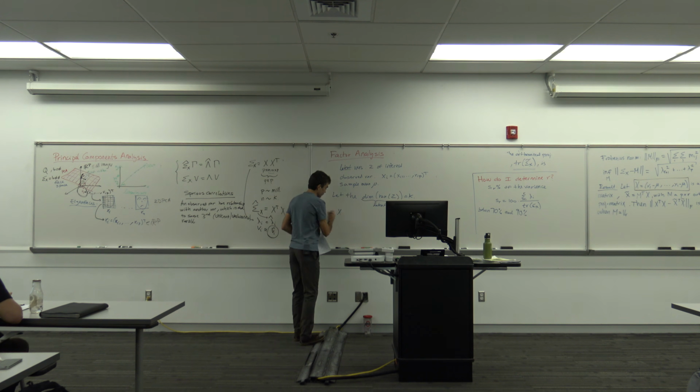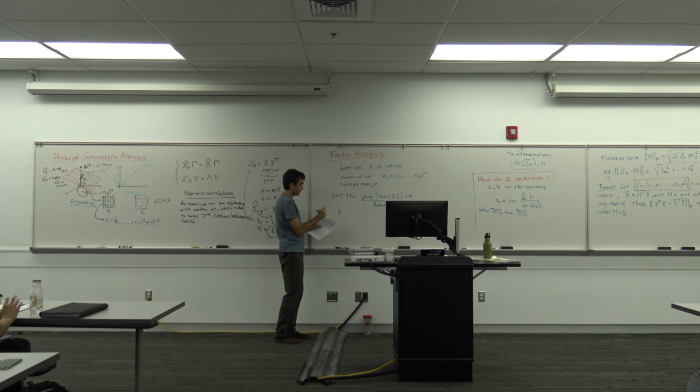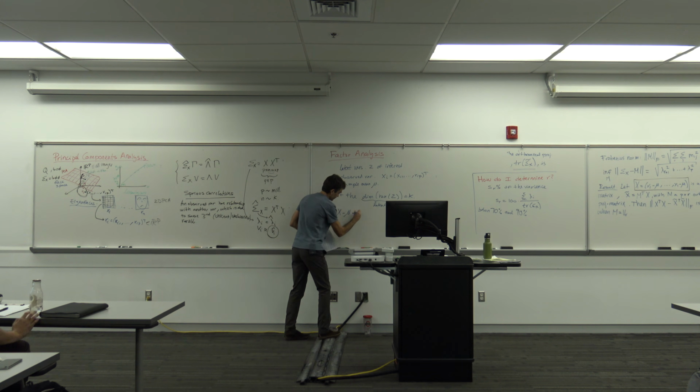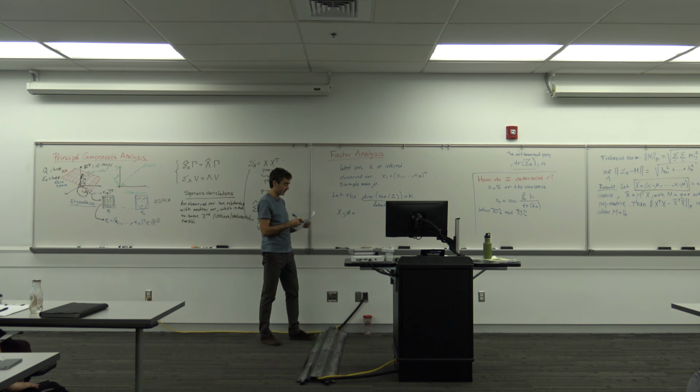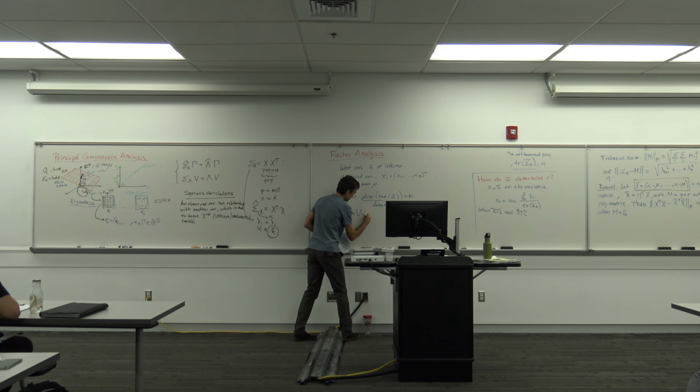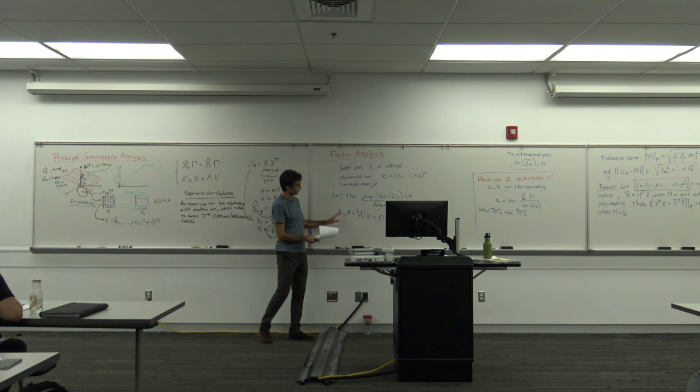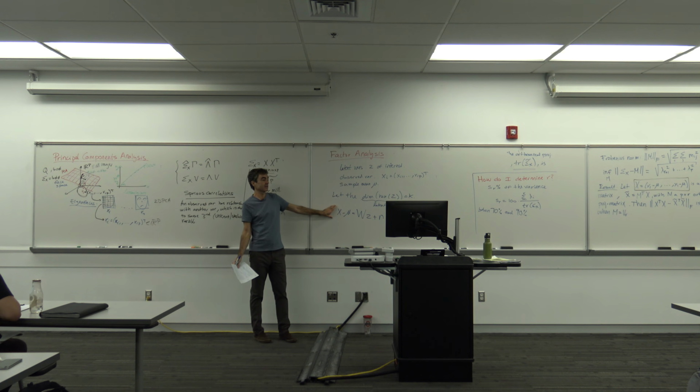So for example, I can do X, my observations, minus the mean, so I'm going to mean normalize my data, equals WZ plus N. You remember that? From our last lecture, right?